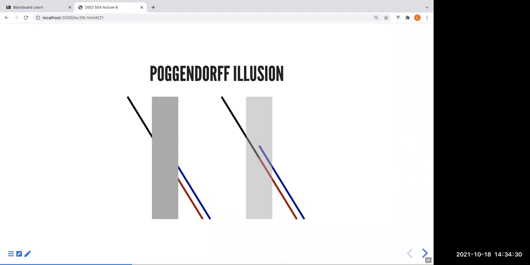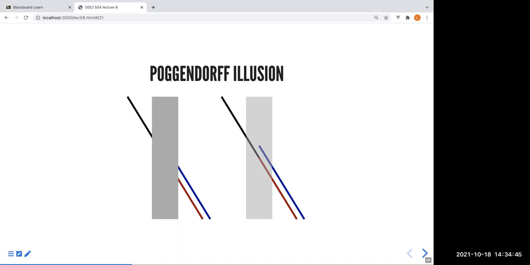The Poggendorff illusion is another one that you may create if you use the wrong colors, as you can see, in a bar chart for instance.